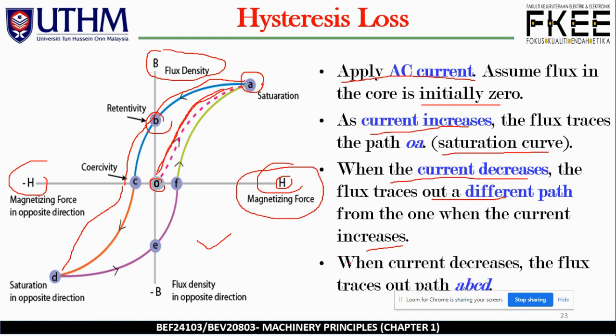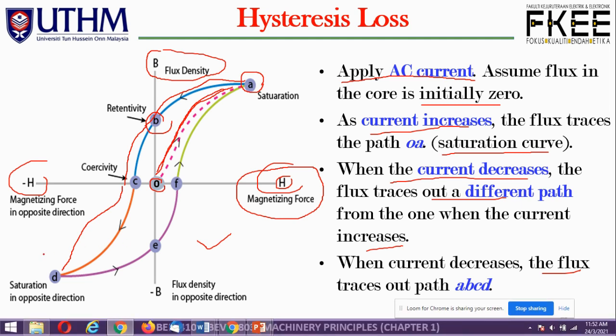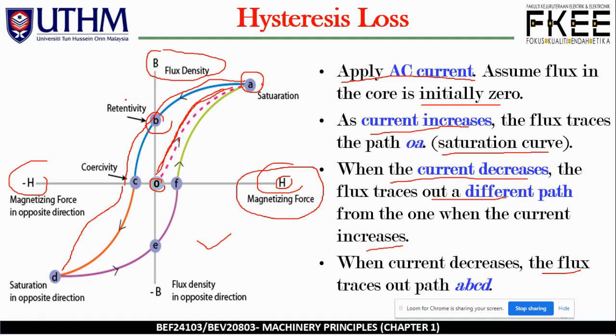So when the current decreases, the flux traces out the path A, B, C, D. And we have point B, the retentivity. It is actually the ability of the magnetic field to remain in the material even after removing the external source.